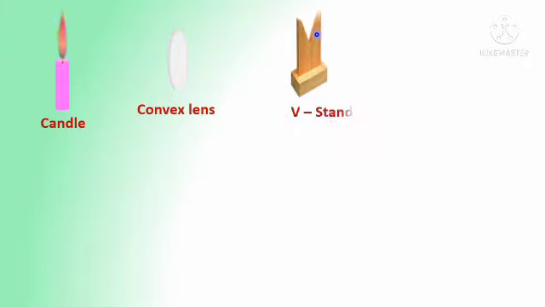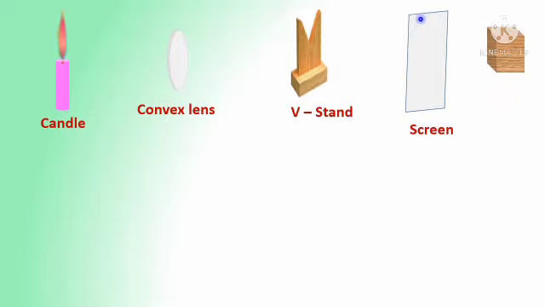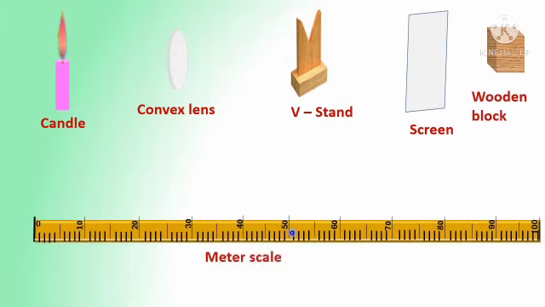Now, material required once again: candle, convex lens, V-stand, screen, that means paper, on which you can find the image, wooden block, and meter scale or meter tape.